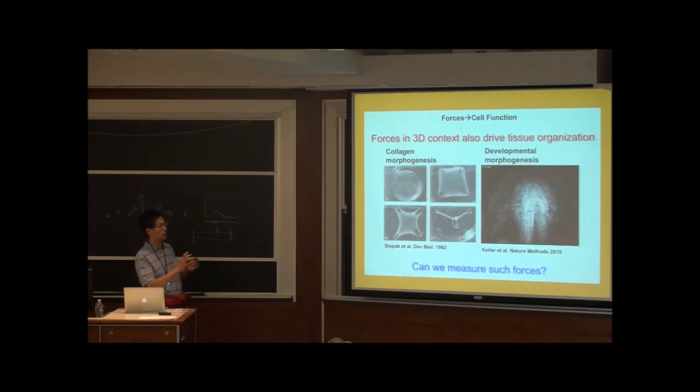Again, just to show you an example, this is neurogenesis, and the formations of these structures involve very large changes in the organization. So one model that people have used to study this is a very, very simple model: looking at collagen and how it contracts into different types of shapes.